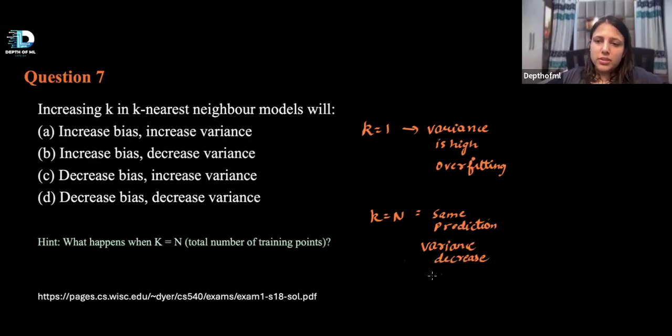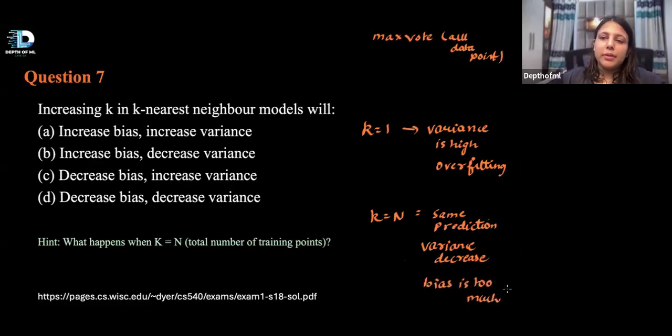There is no variance in the prediction, right? What about bias? I've oversimplified my model, right? Now your prediction value will be just the max vote of all the data points. So this is the highest bias model. Bias is too much.